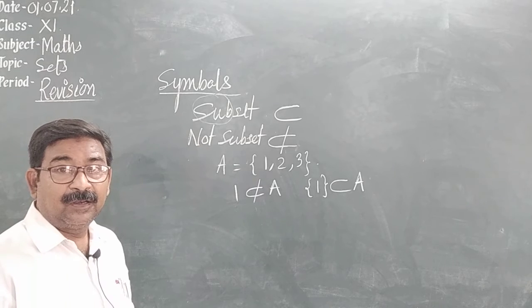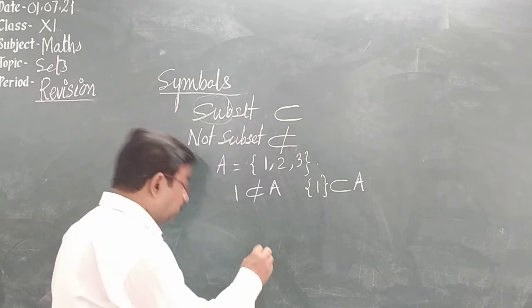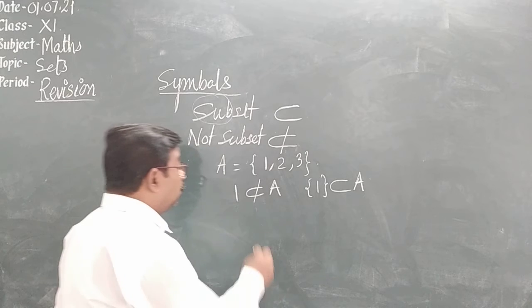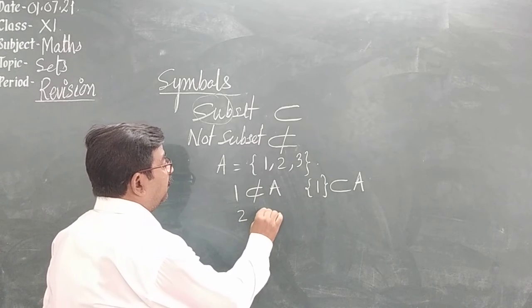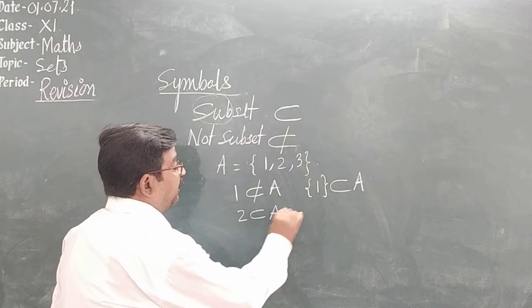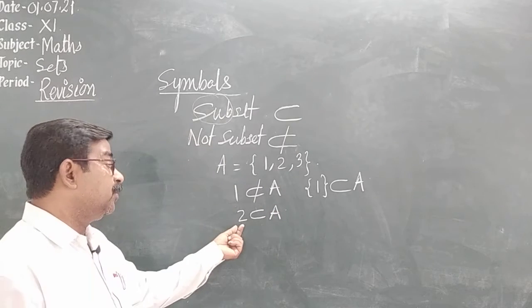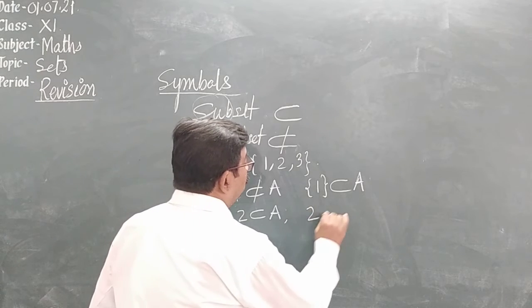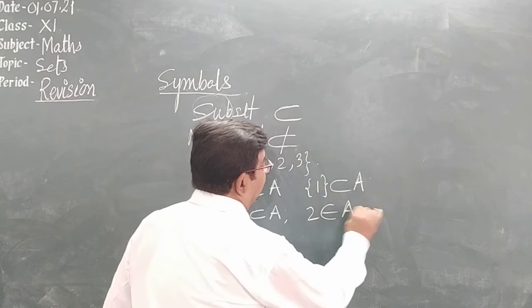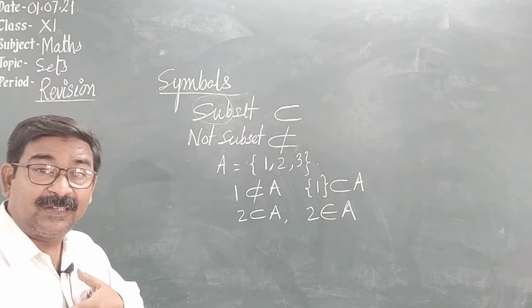Got it? Suppose I am writing 2 is a subset of A. Is it correct? No, it is not correct because 2 is an element. This 2 belongs to A. An element belongs to the set.